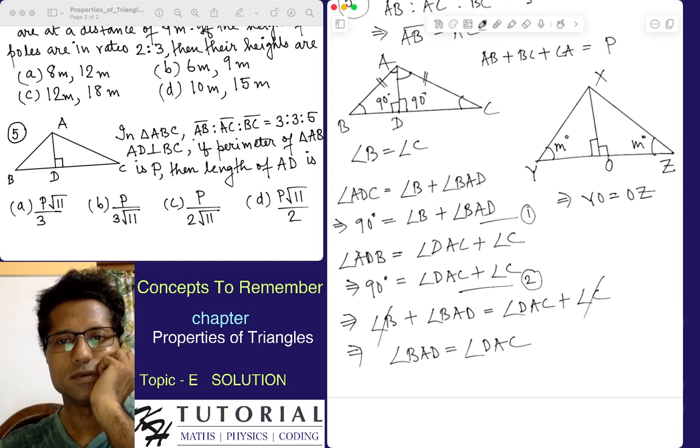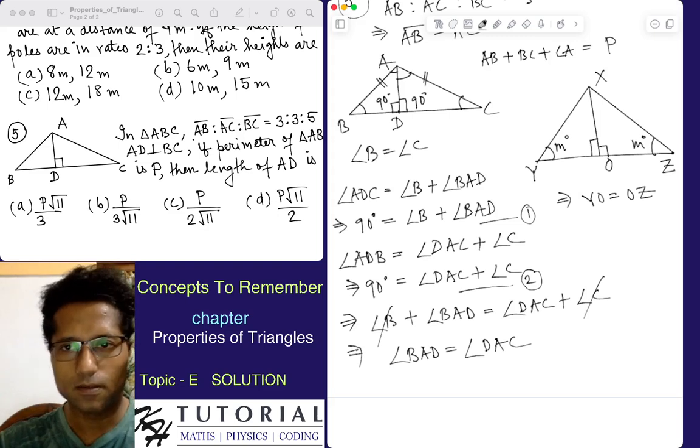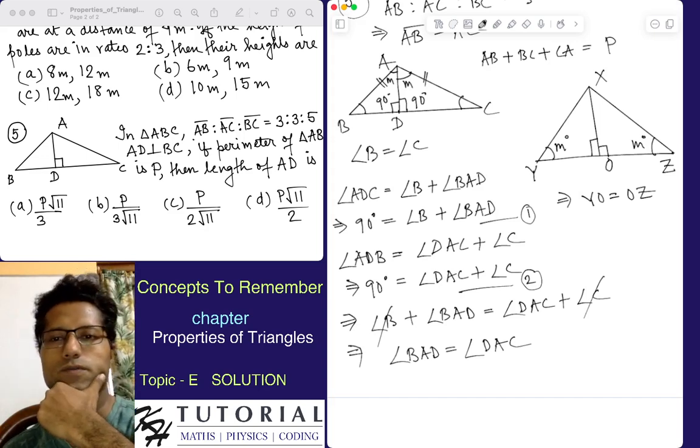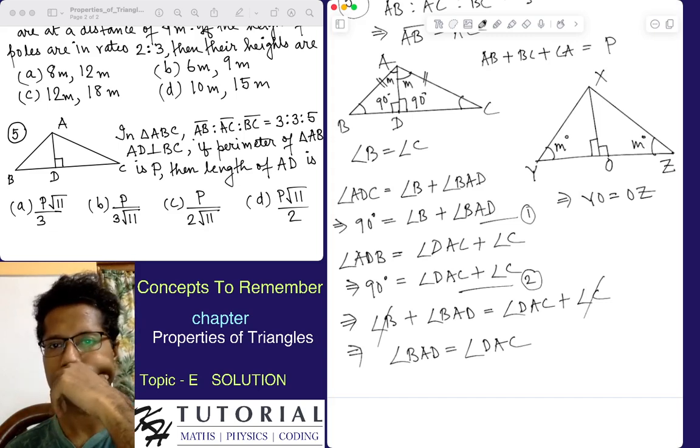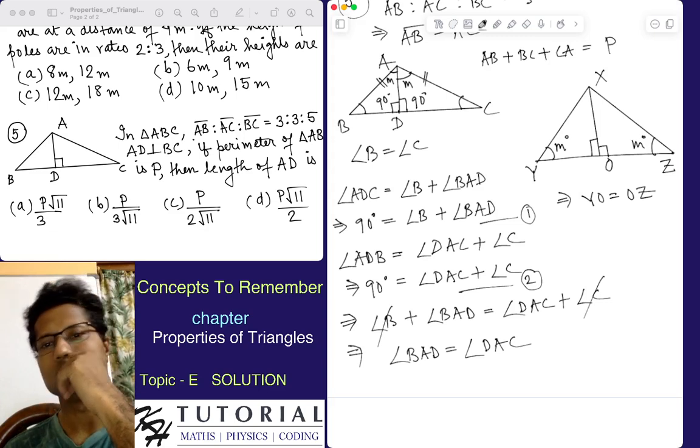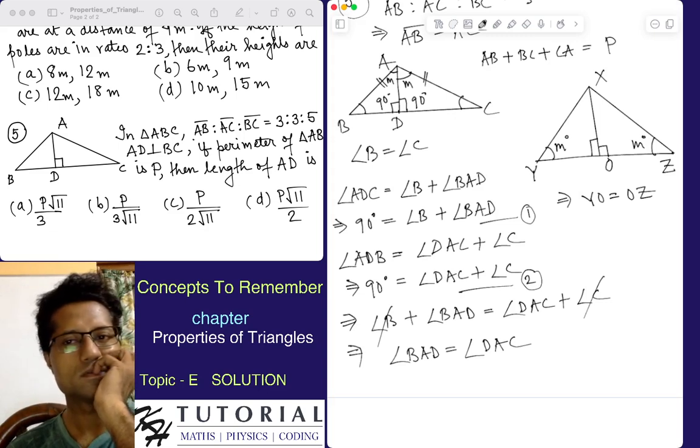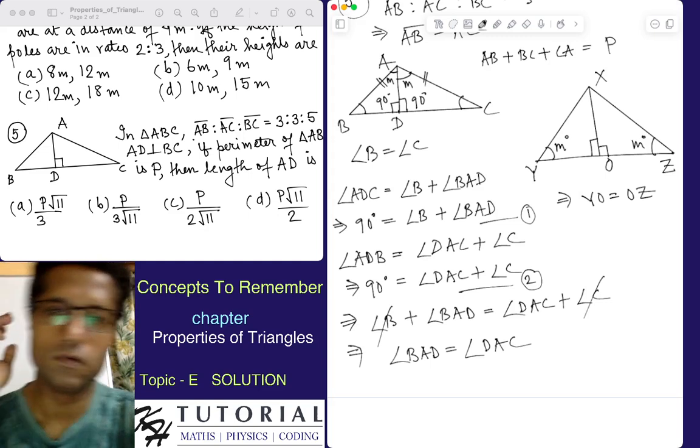This angle is equal to this angle, and this is perpendicular. Let's say these angles BAD and DAC are M degree. We have to prove M degree is equal to angle C. How do we prove angle C is equal to M degree?